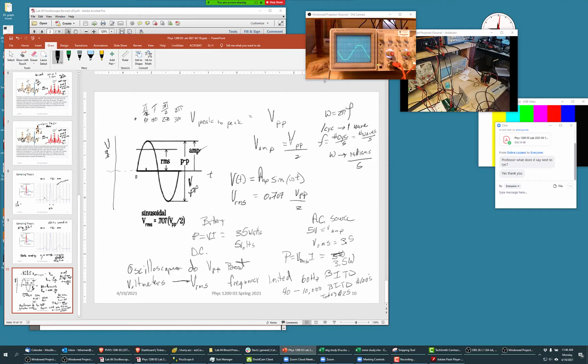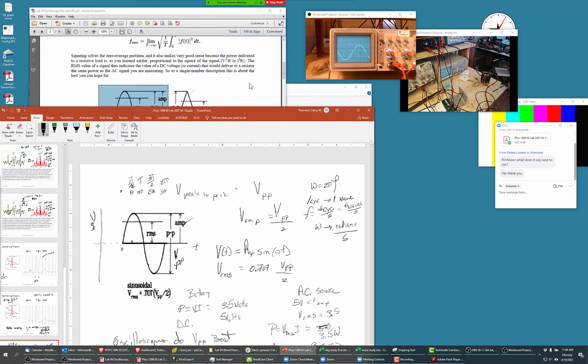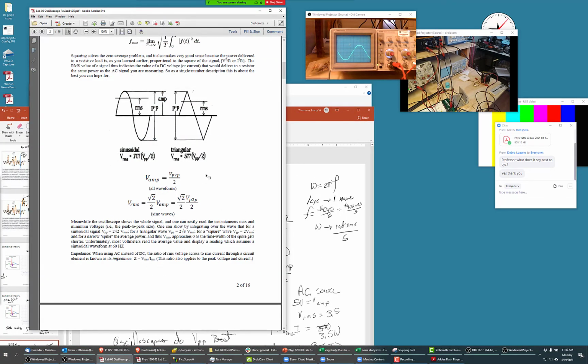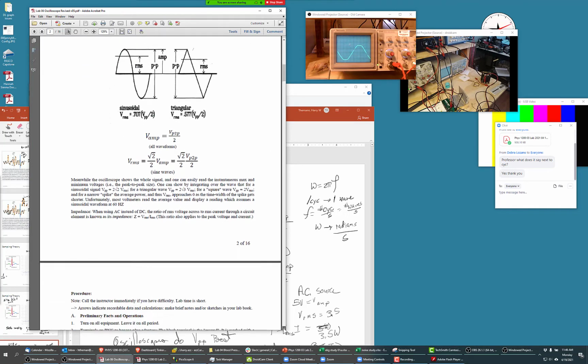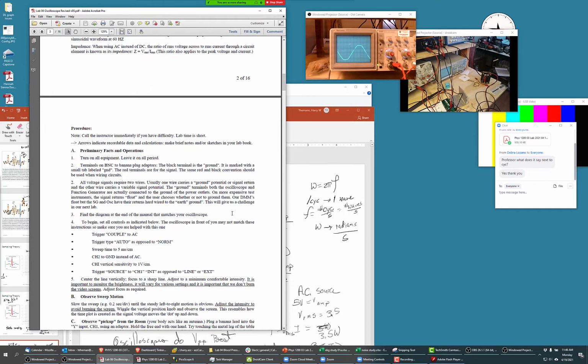Okay, so I think we can dig in now. So this is mostly about a step-by-step, and I'm going to ask you guys just to do a small short report about when we look at the real components, and I mean when you look at capacitors and resistors, this basic stuff.